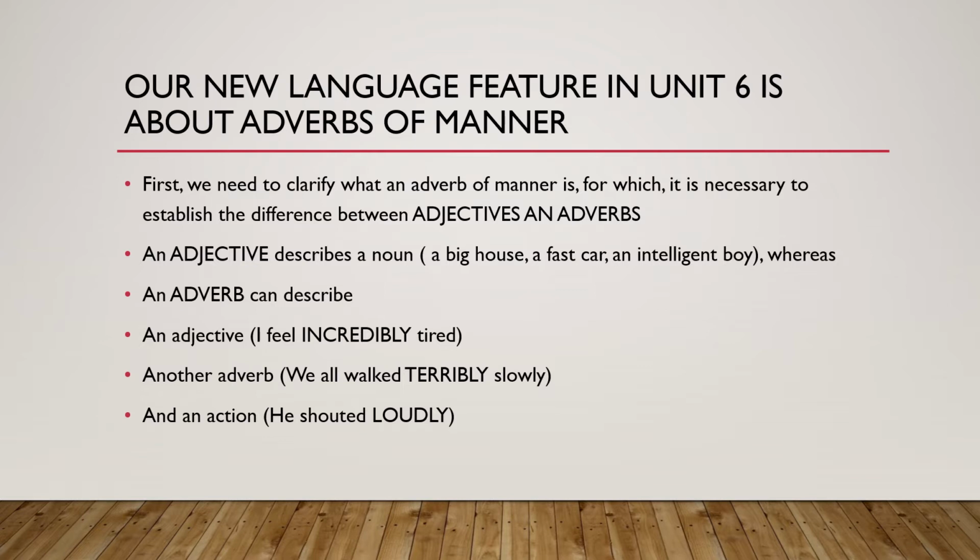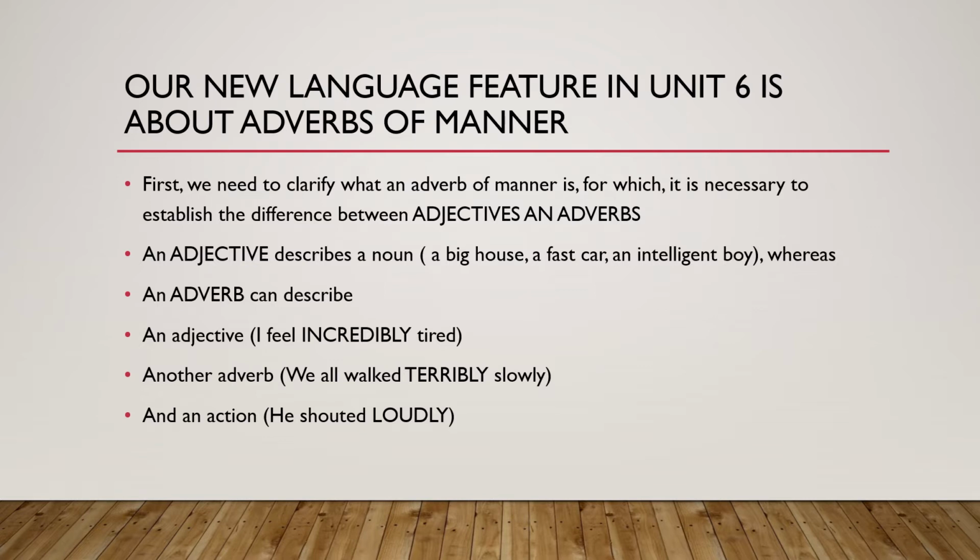In Spanish it is sustantivo, cosas o personas. An adjective describes a noun. Example, a big house. House is the noun, big is the adjective. So we're describing a big house. Please note that we usually have the adjective before the noun. A fast car, an intelligent boy.